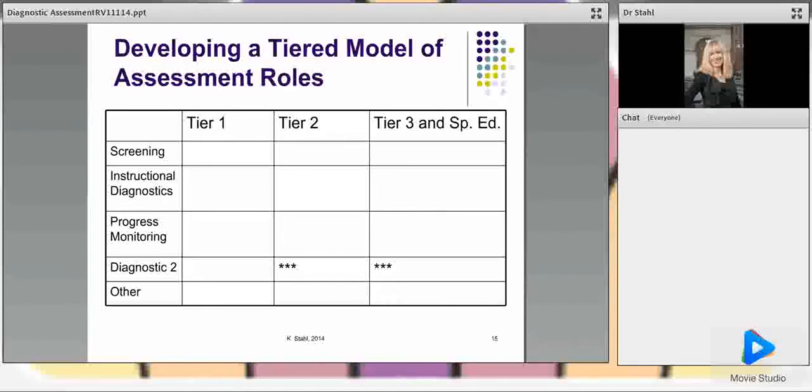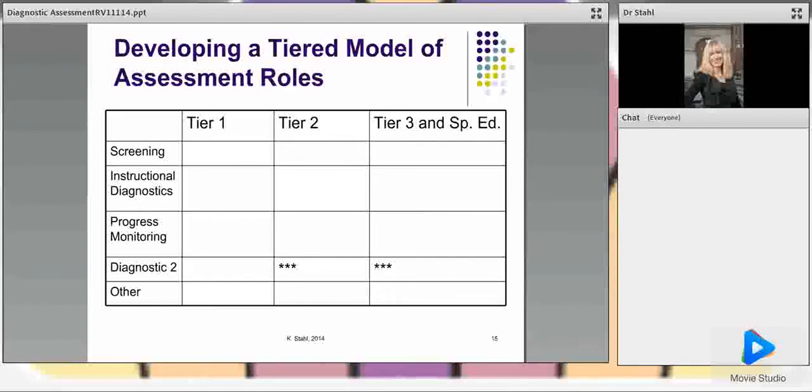And what I call diagnostics number 2, those are those really quite in-depth diagnostics that require specialized training and that typically only a literacy specialist, a school psychologist, or a special educator would have the expertise to administer. And also time is an element.